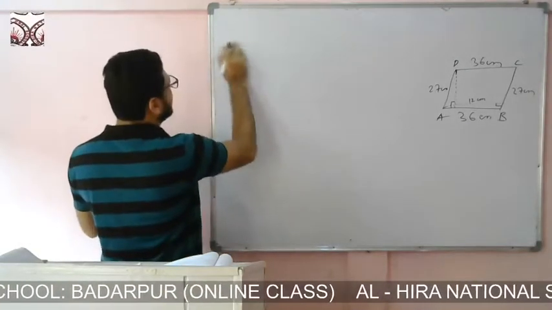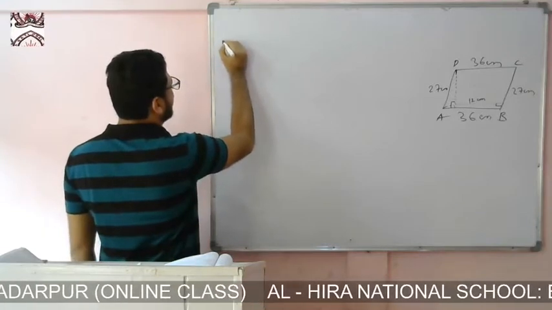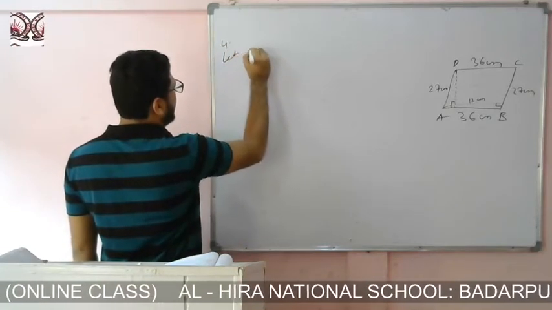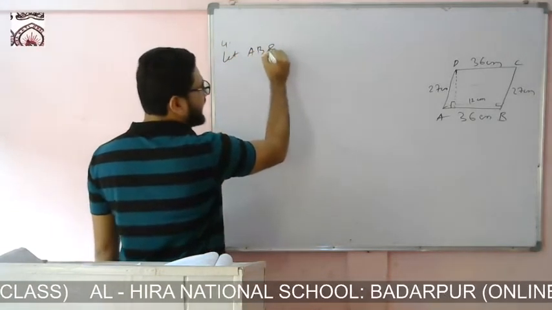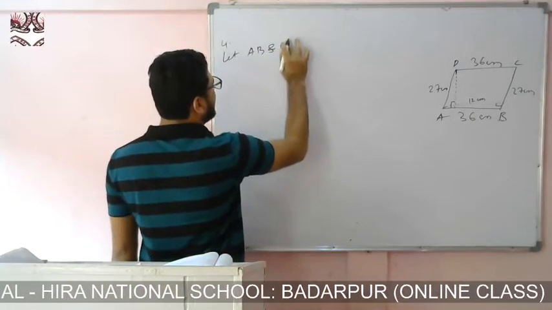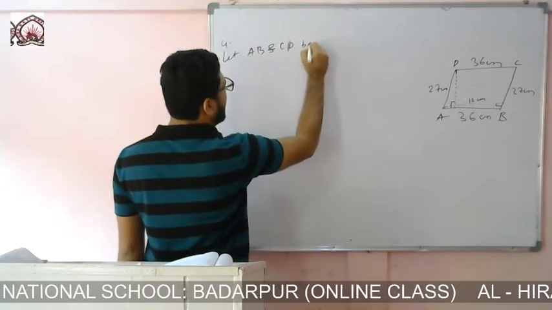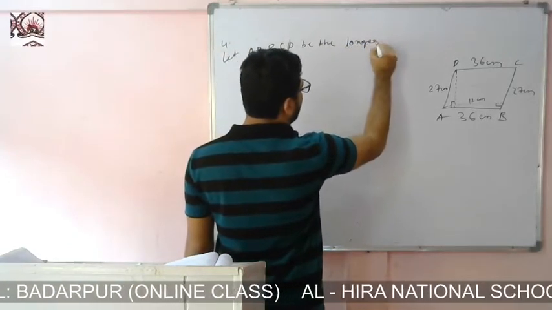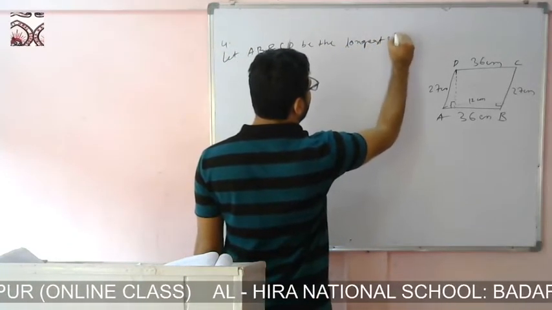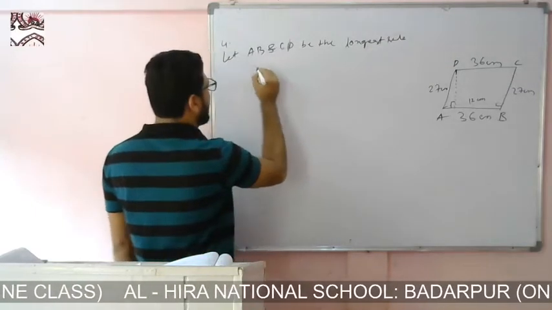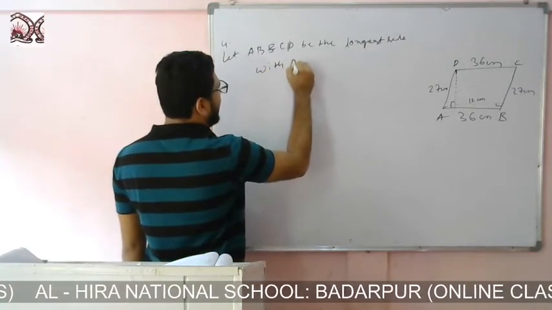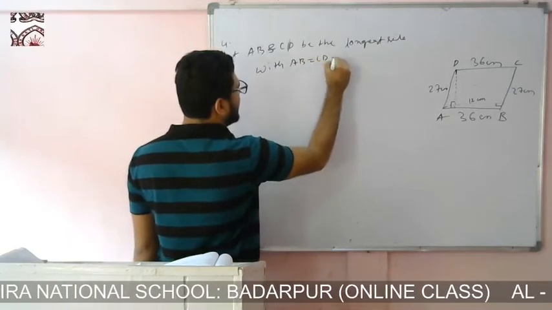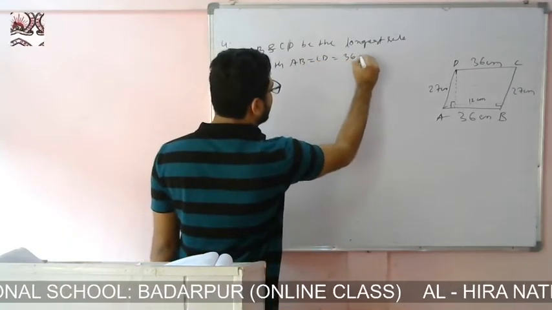So write, let AB and CD be the longest sides, with AB equals CD equals 36 centimeter.